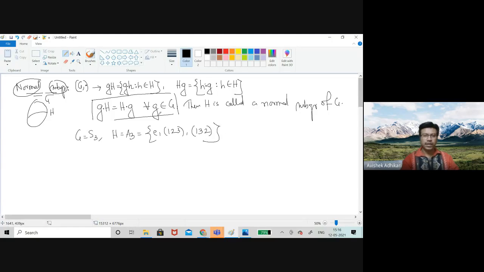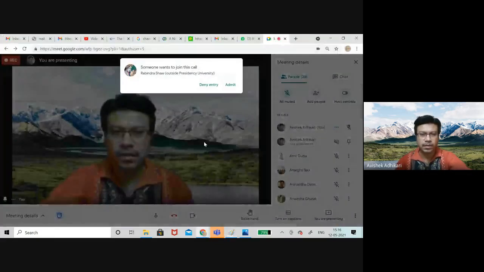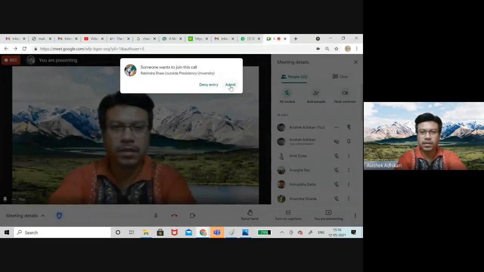In that case these properties are satisfied, and as a result we can see that A3 is a normal subgroup of G.